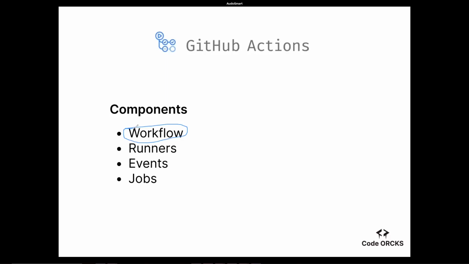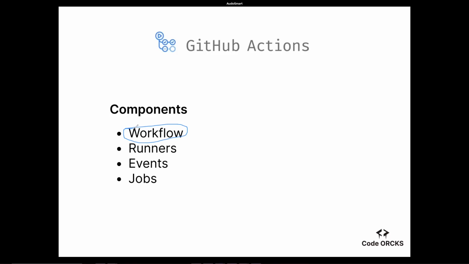Workflow is where you define all the steps that you want GitHub Actions to follow in order to achieve your goal. You define the jobs you want it to do. You define the scripts you want GitHub Actions to run. You define when you want these jobs or scripts to run. You define if you want to test in different machines or different environments.